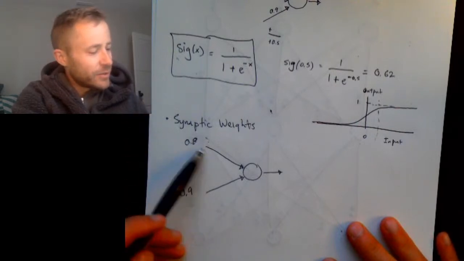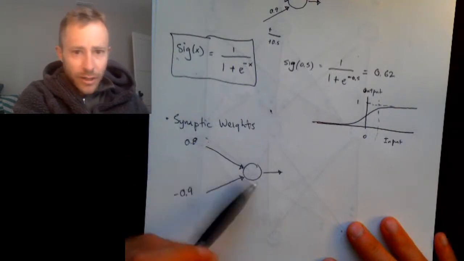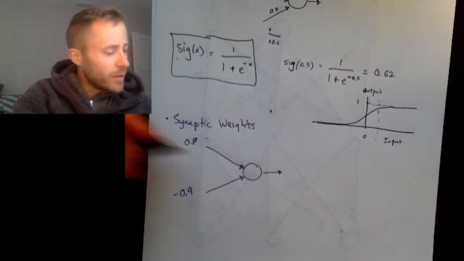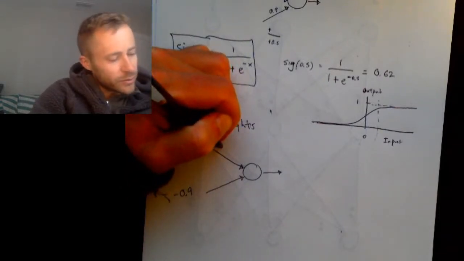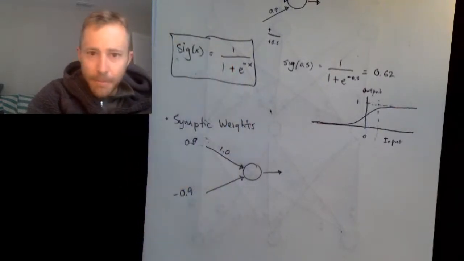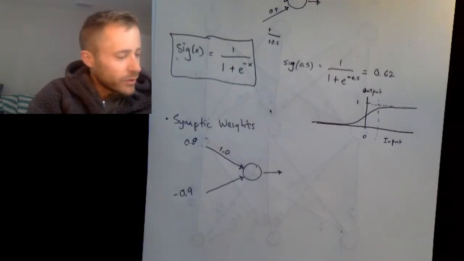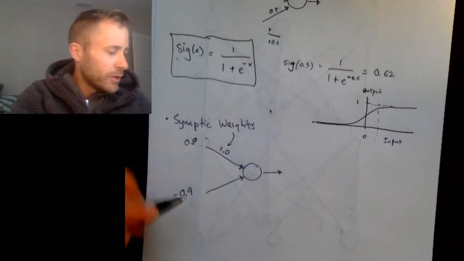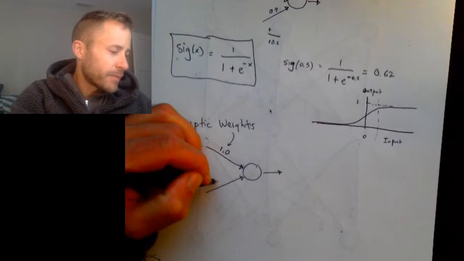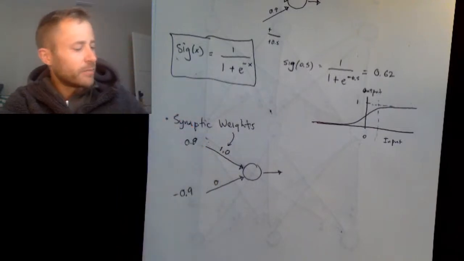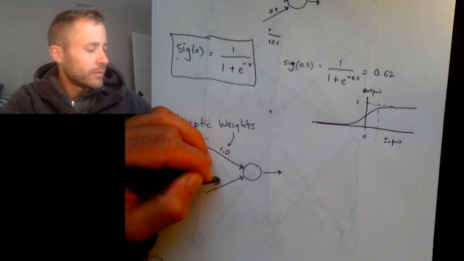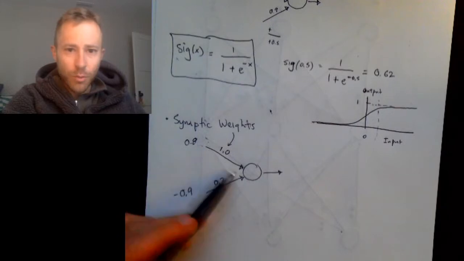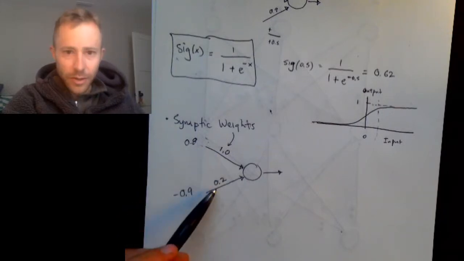The idea is that each connection into a neuron has its own strength. So maybe the strength of this connection is 1.0, and this is a synaptic weight. And this one has a connection of, let's say, 0.2. All right? So this synaptic weight is larger than that synaptic weight.